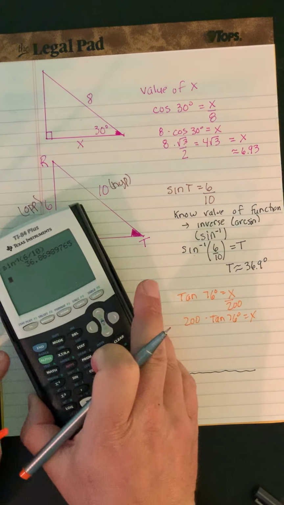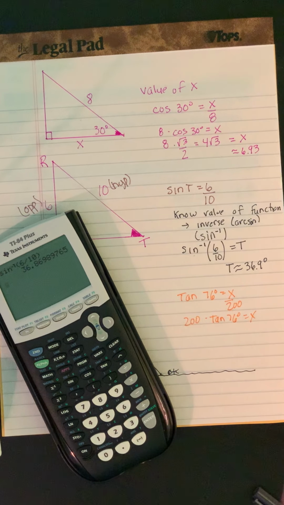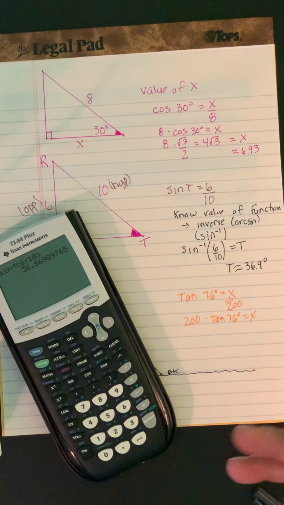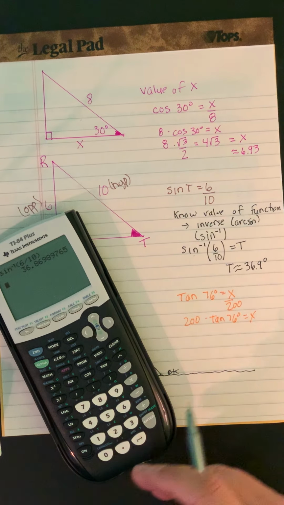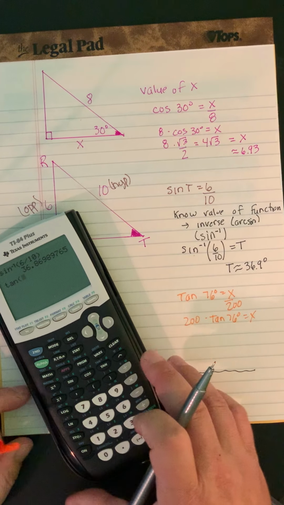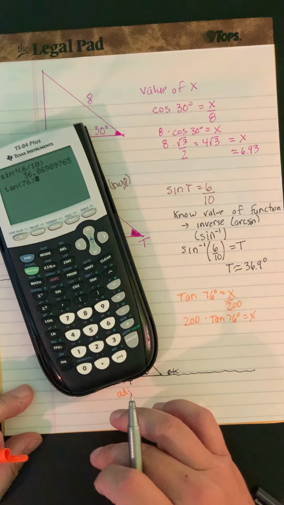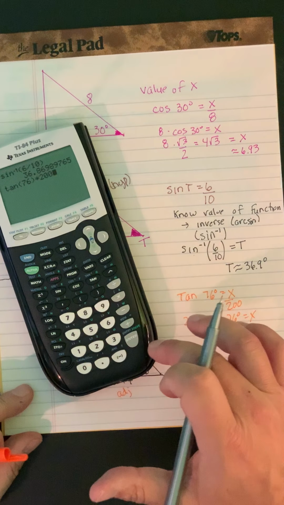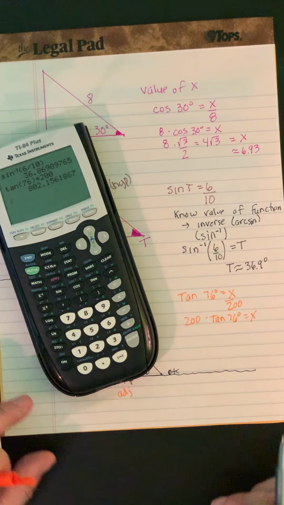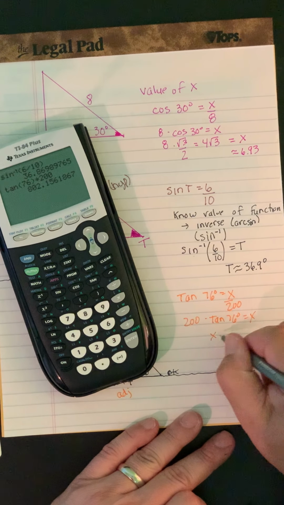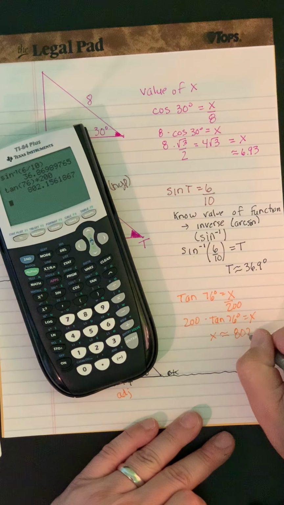Again, back to the calculator. Now again, we don't know the value of the tangent, so we don't use the inverse button. We're just going to go tangent 76, make sure you close your parentheses, times 200. We're going to get about 802. So that cliff is about 802 feet high.